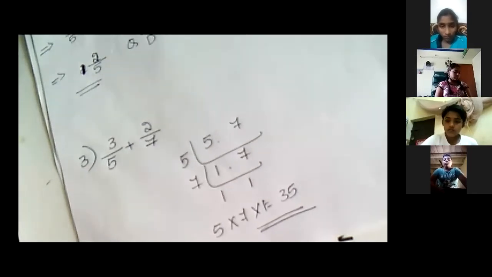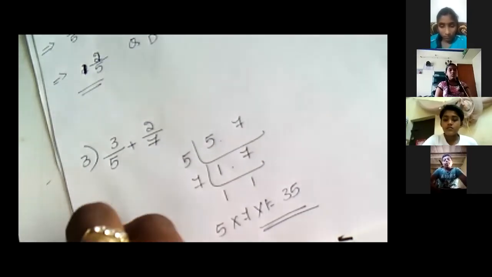Now I have to convert 3 upon 5 plus 2 upon 7.